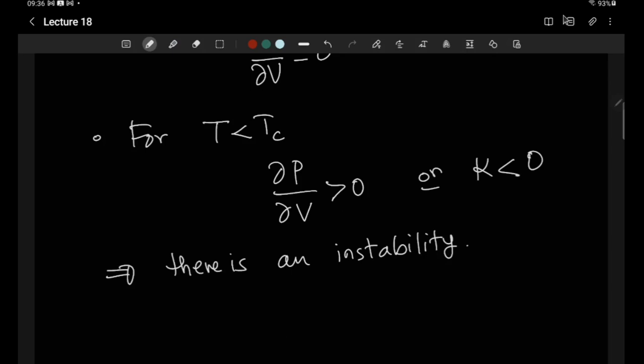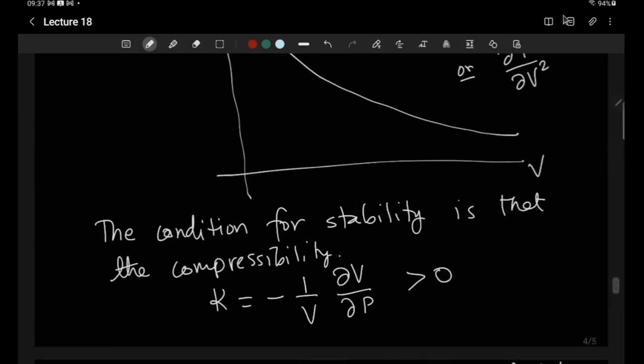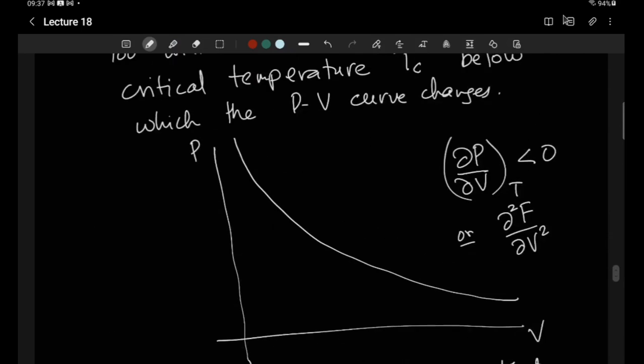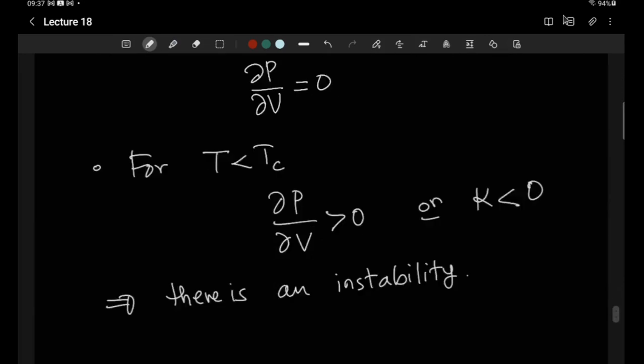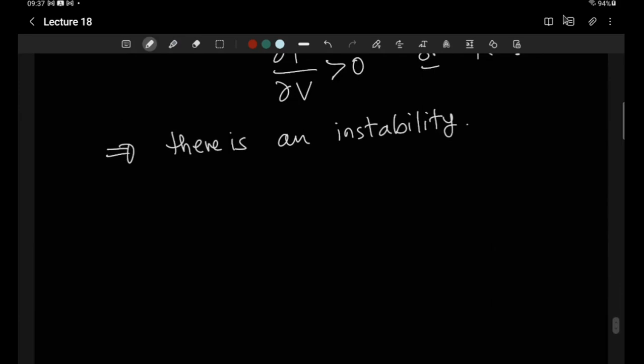So maybe this is an exercise for you to do. I should show you what the curve would be. This is for high temperatures, so T greater than Tc. It will look like the ideal gas. At high temperatures, the real gas will also behave more or less like this. How do you go about plotting it? That is an exercise for you, that you plot these things.